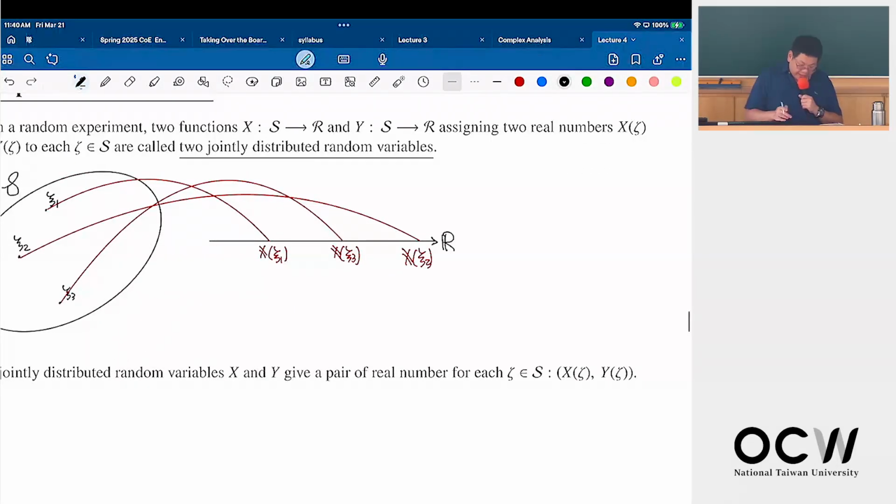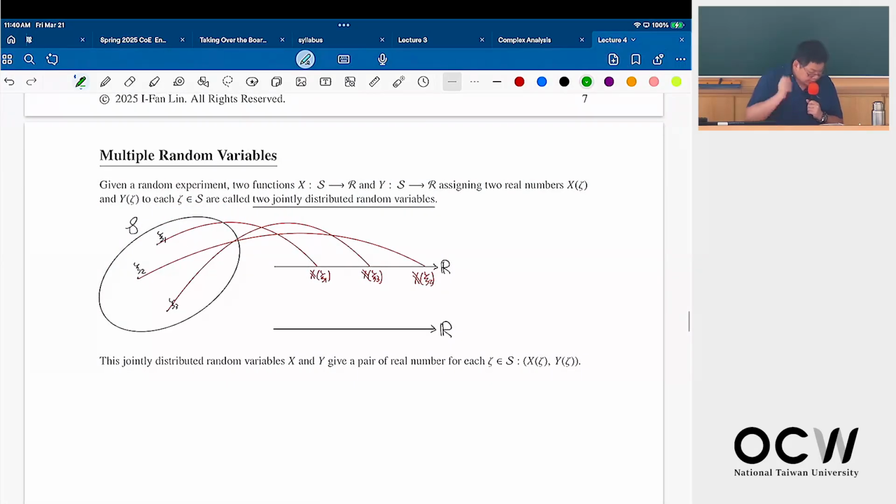But I can also map these realizations to another real line.